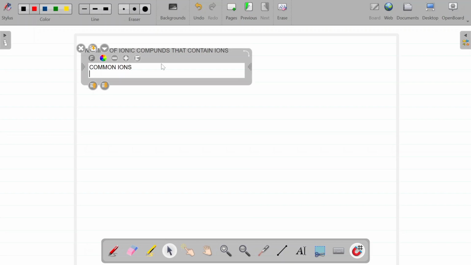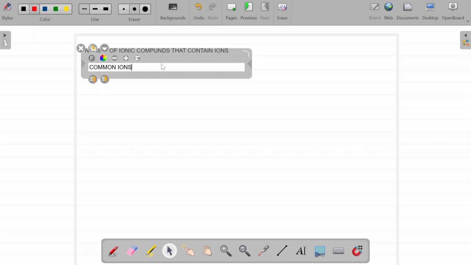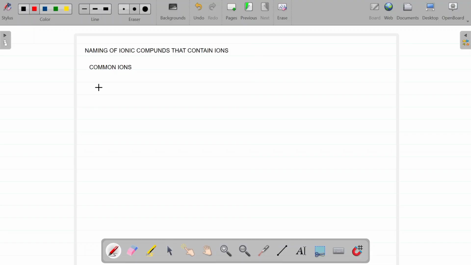We have OH minus. Let me put that here. We also have NH4 plus.